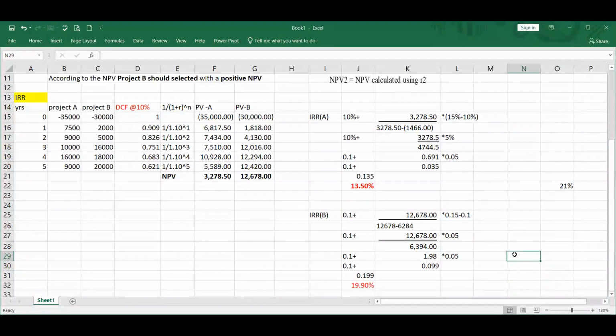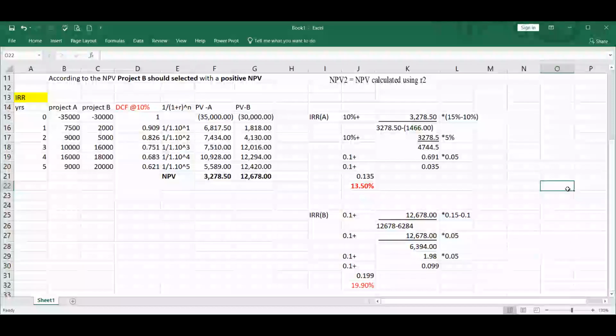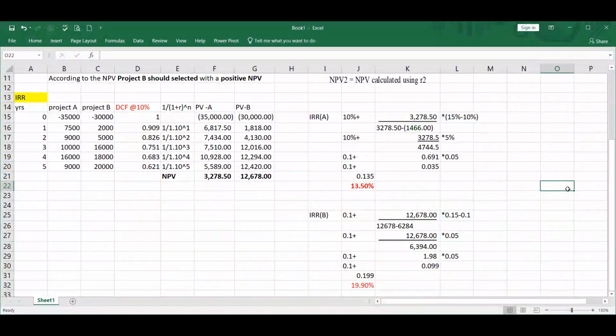Excuse me, ma'am, what's that 21%? No, that's the formula percentage. If you finish this one, you have to put on the comment. So when I'm going to take project A, I'm going to compare the cost of capital rate as well as the IRR rate.